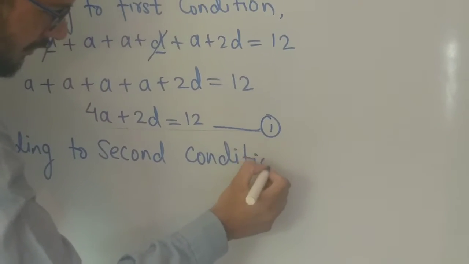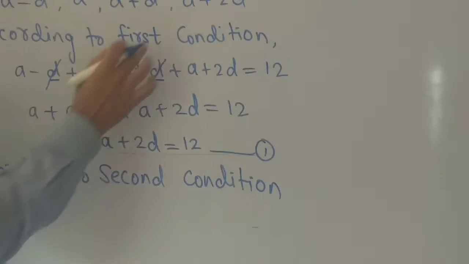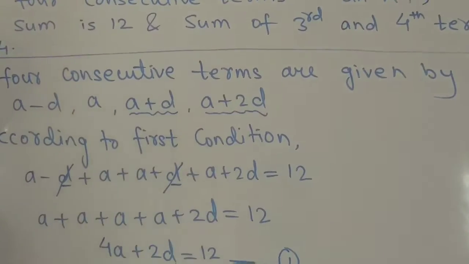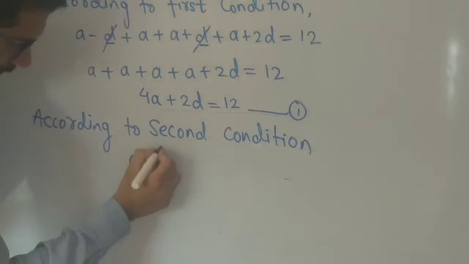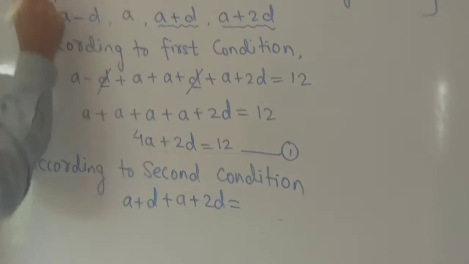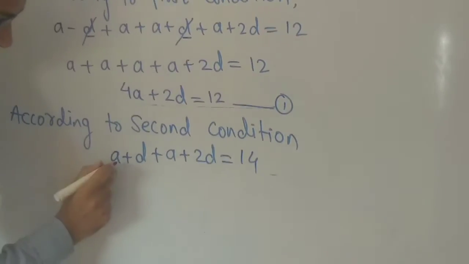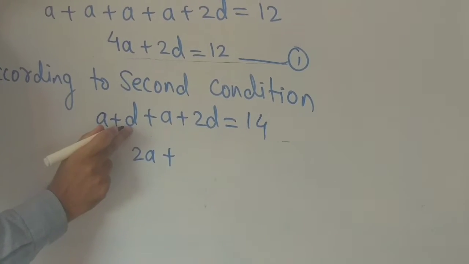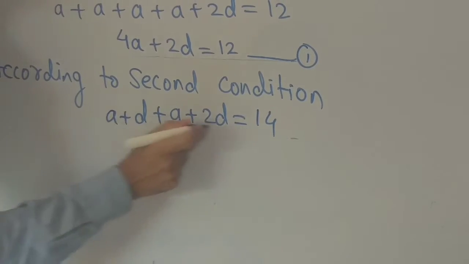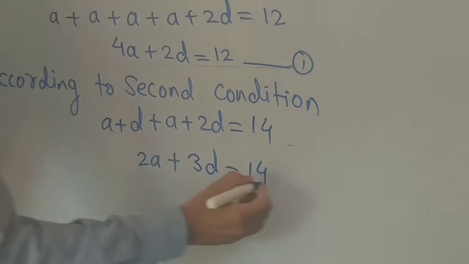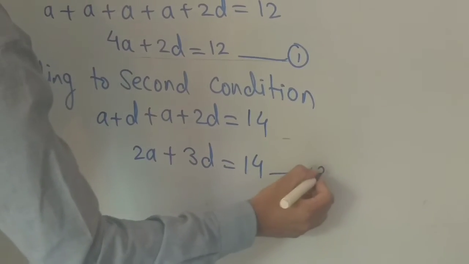The sum of the third and fourth: the third term is a plus d and the fourth term is a plus 2d. So we'll write a plus d plus a plus 2d is how much? That is given as 14. So we'll write 14 here. Then a plus a is 2a, d plus 2d is 3d, so 2a plus 3d is equal to 14. You can write this as equation number 2.